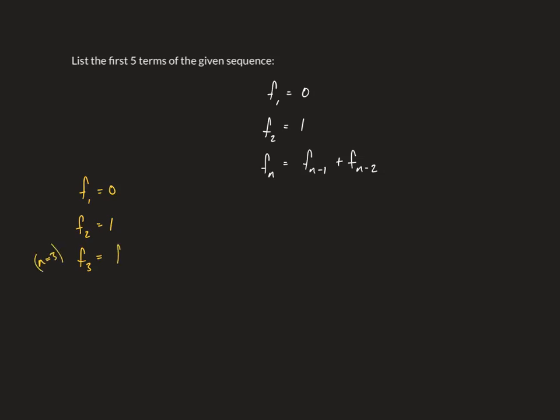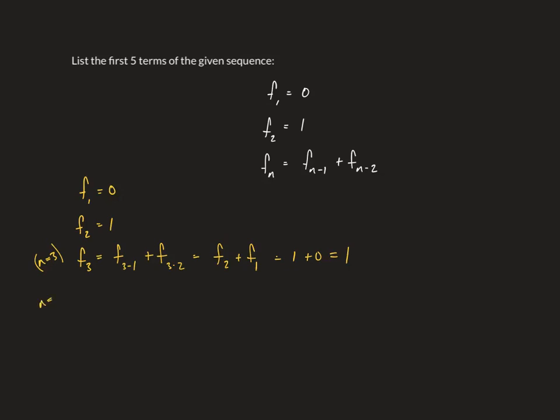So that's going to say f of 3 minus 1 plus f of 3 minus 2. Okay, well that means that we're finding f of 2 and adding f of 1. And I know what those are. F of 2 is 1 and f of 1 is 0. So this would also be 1. So the third term in the sequence is 1.